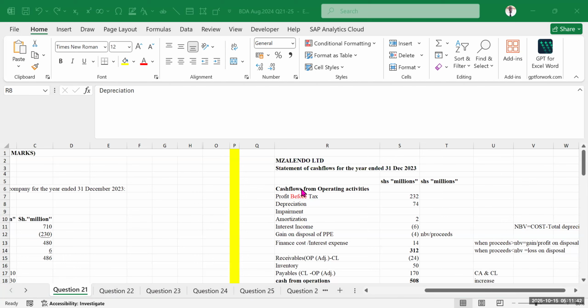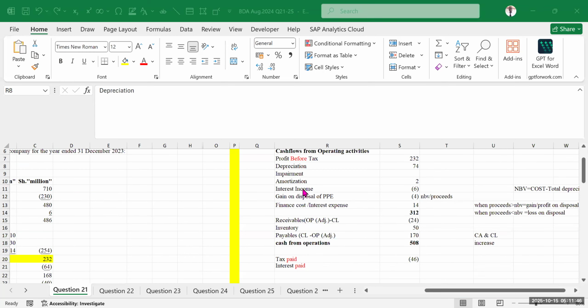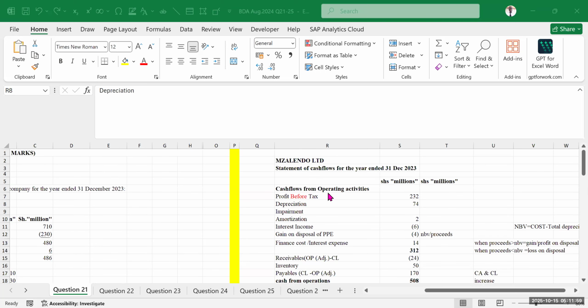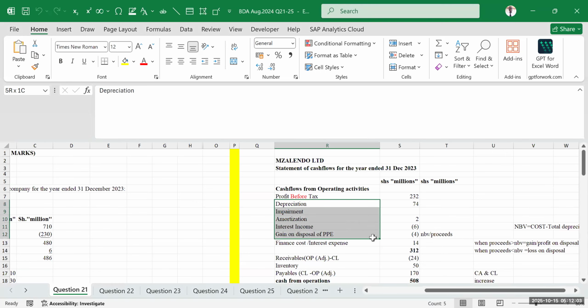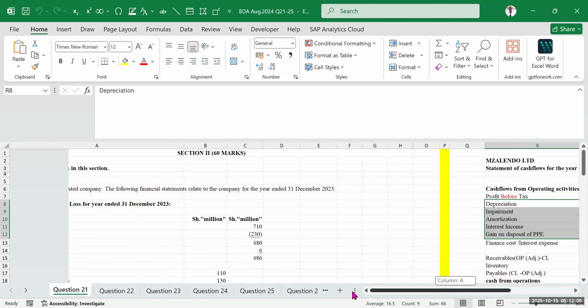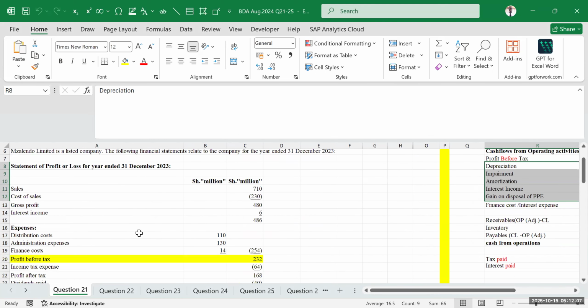Therefore, these cash flows generally will result from the transactions and other events that enter into the determination of the profit or loss. That's why these elements we adjusted under operating activities, we go and borrow them from the statement of profit or loss.